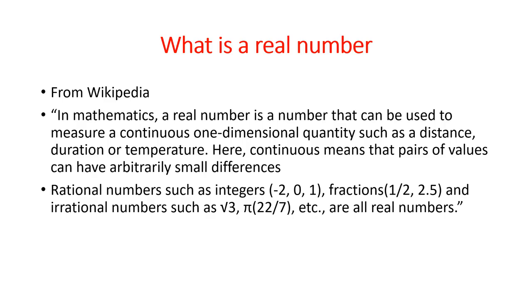Here, continuous means that a pair of values can have arbitrarily small differences. It could be a rational number, such as the integers minus 2, 0, or 1, a fractional number, such as 1/2, or irrational numbers, such as pi, and so forth.